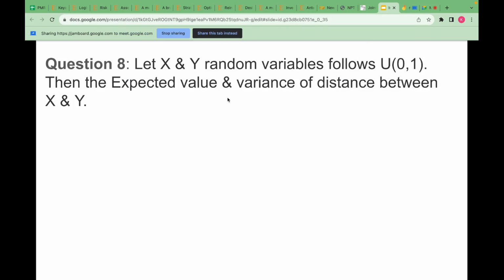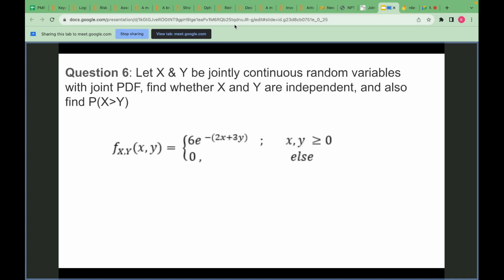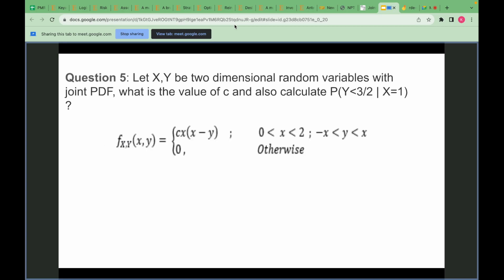All these questions which I discussed are very important because we discussed how to solve for the conditional probability, the joint probability distribution, and when they are asking for this conditional thing, how to solve these questions.